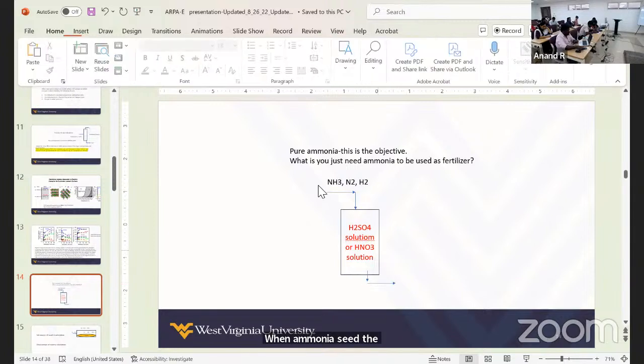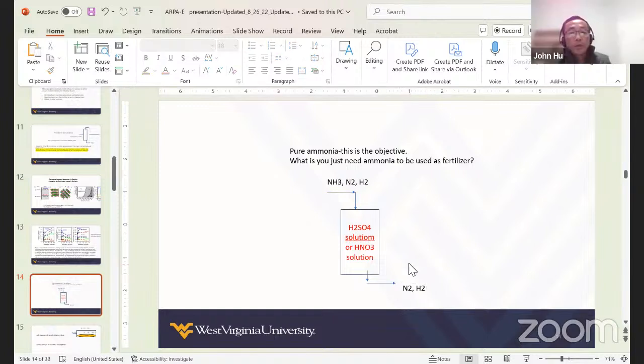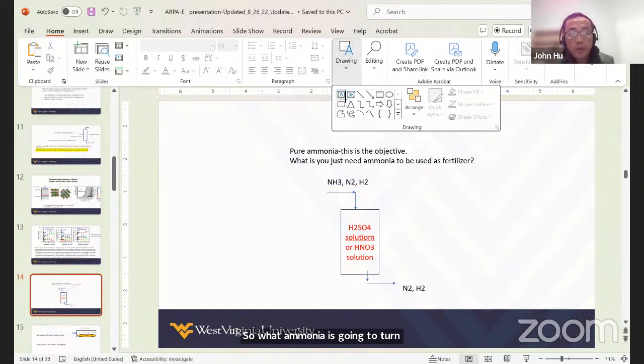Ammonium nitrate. Okay, so that means ammonia will be in a solution. So what is ammonia going to turn into?